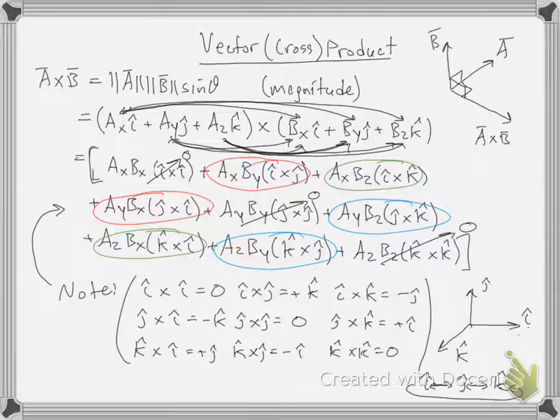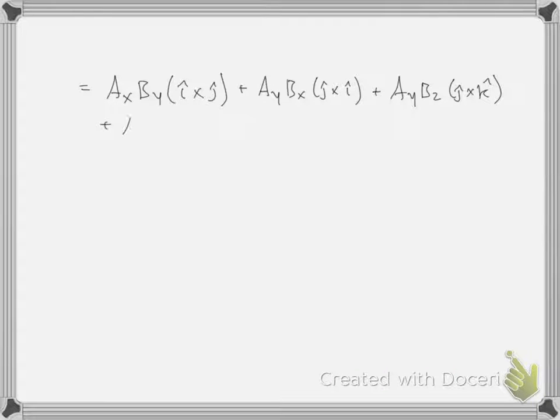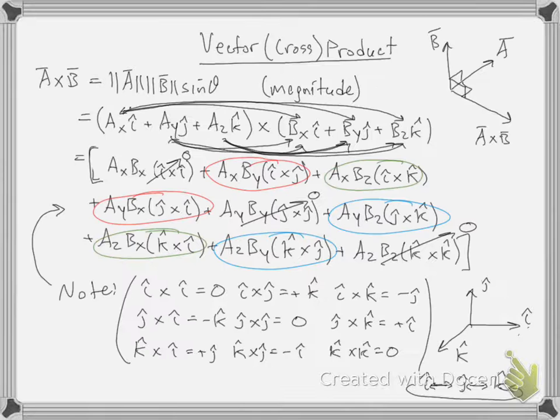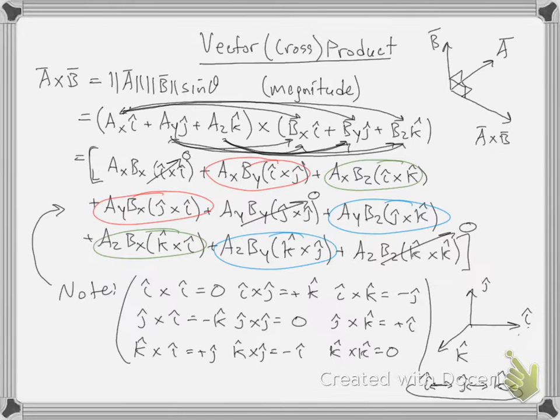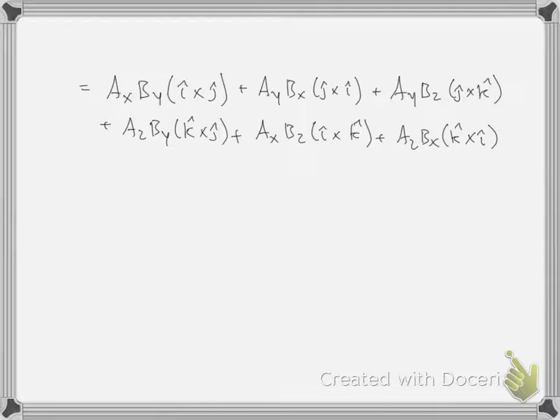AZBY, k cross j. And then let's do the greens now. We have AXBZ and ik. And then we should have AZBX, k cross i. Nice. Okay, we've rewritten it.